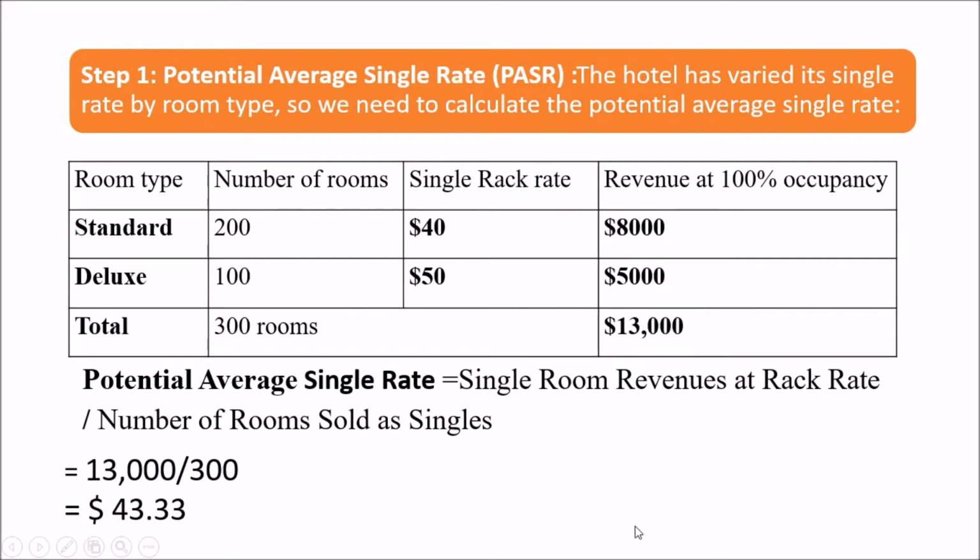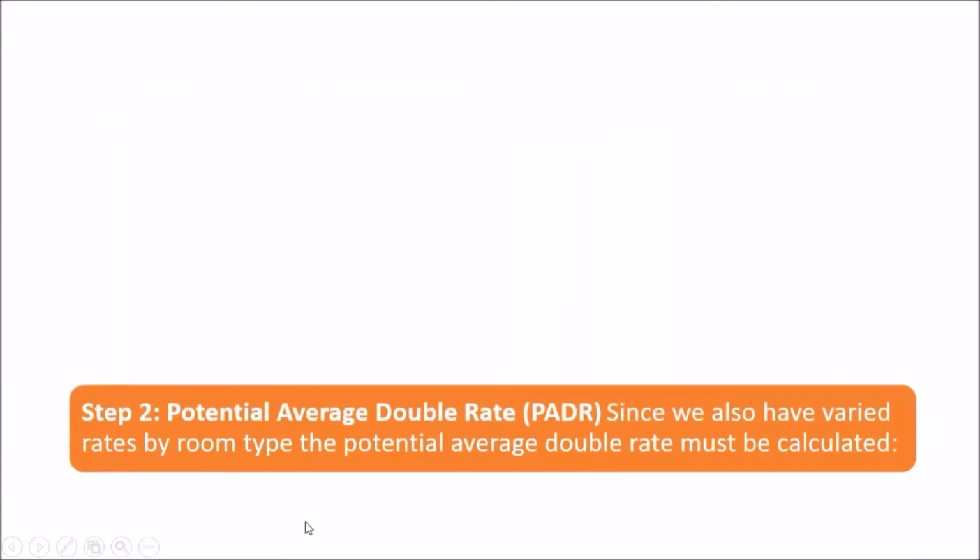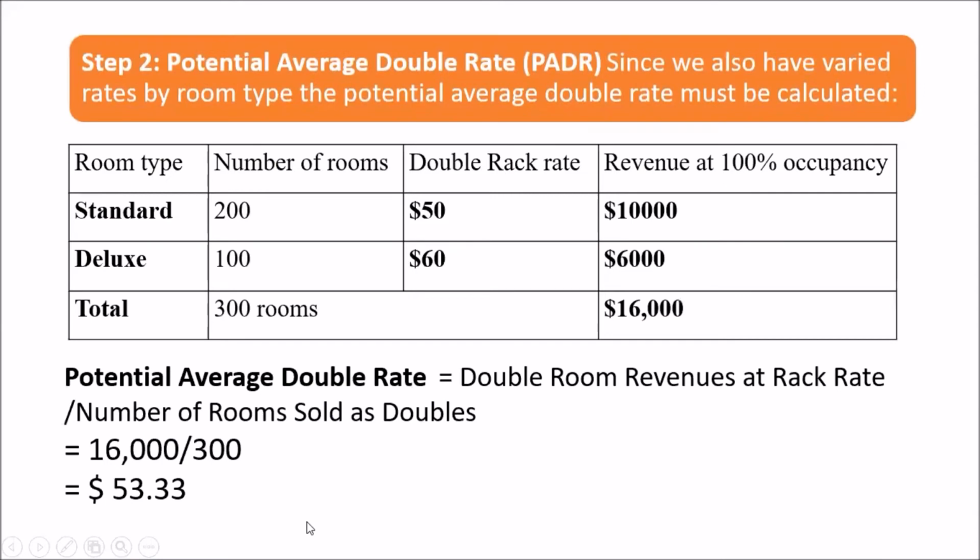We'll put these figures into the formula: single room revenue at rack rate upon number of rooms sold as single. Putting in the formula, it is $13,000 upon 300 rooms sold as singles. And when we calculate it, the answer is $43.33 as PASR.